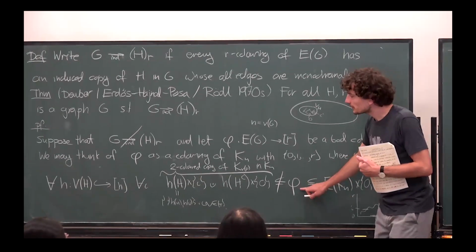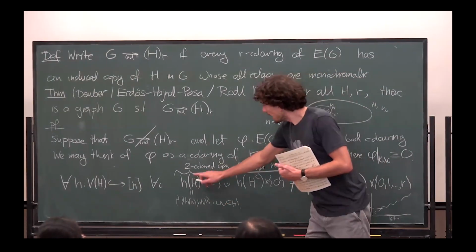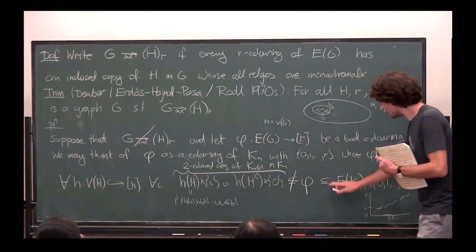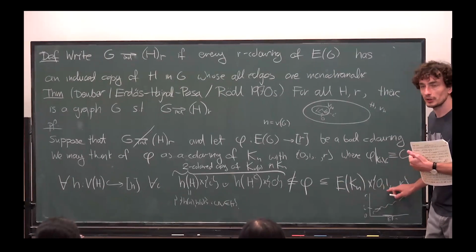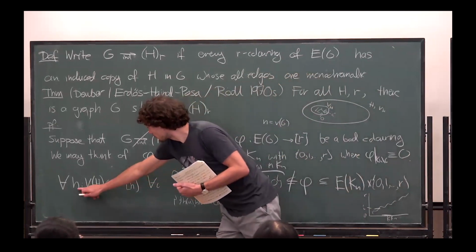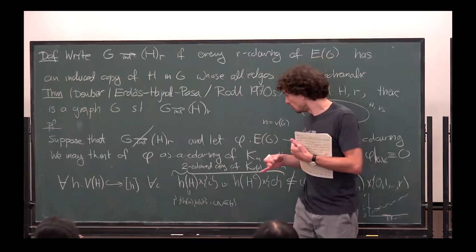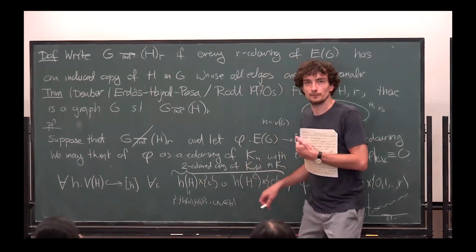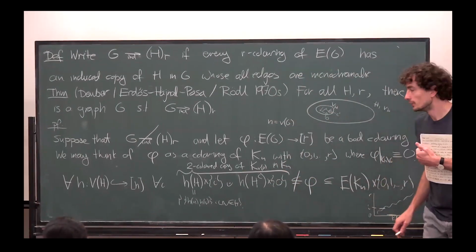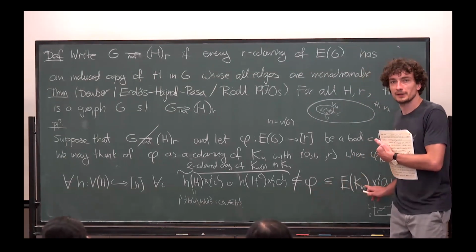And this subset has the property that it doesn't contain any subset of this form. So if now we define a hypergraph on this set of vertices, whose edges are all sets of this form for all functions little h and all I, then this is just a hypergraph of uniformity V(H) choose 2, because each of these sets has precisely V(H) choose 2 points. And therefore, this phi will correspond to an independent set in this hypergraph.